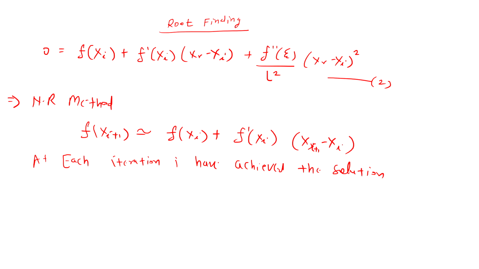But actually this is not the true root, this is the root of the corresponding iteration. Then we check the error and see whether my solution has converged. If it has converged, then it will be the true root or close to the true root.